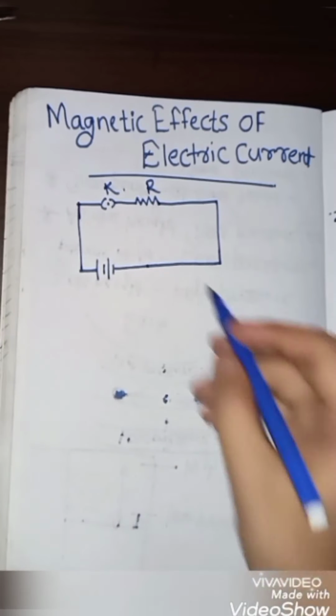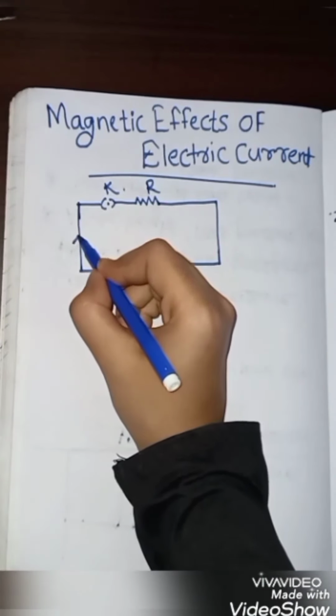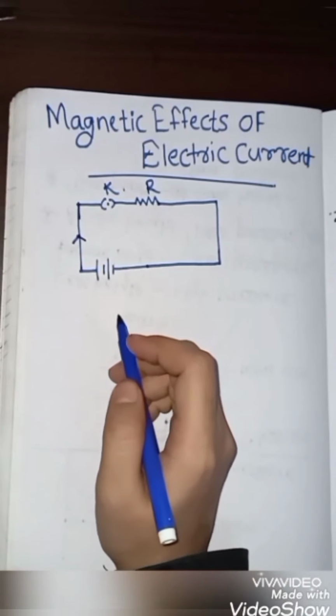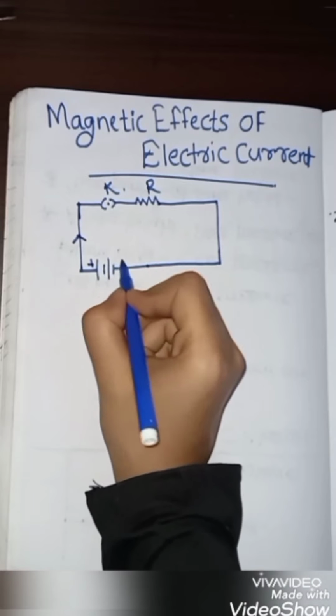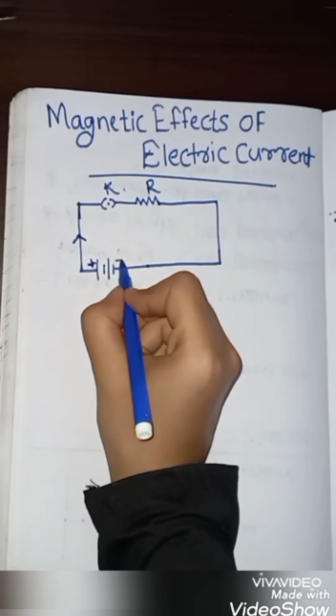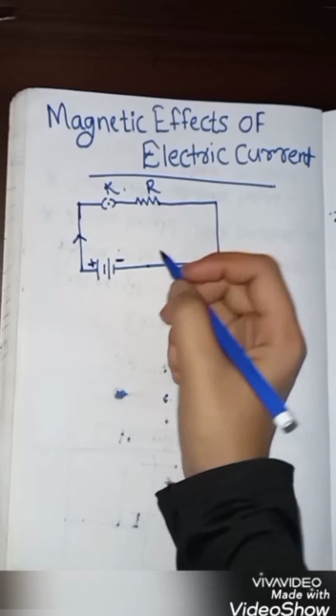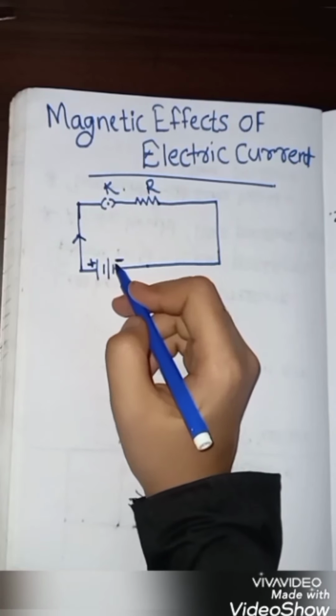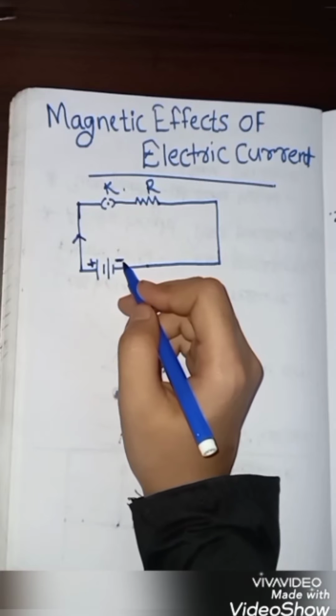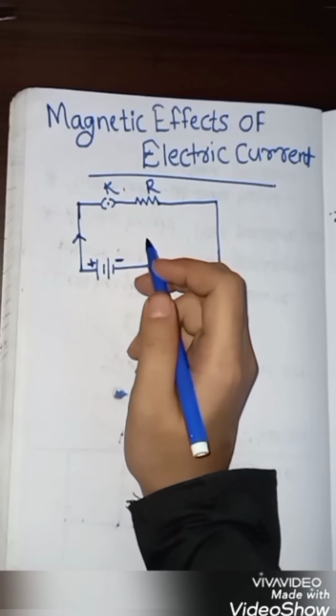Then what will happen? The electric current will flow. Here is the positive end of the battery and here is the negative end, and the electric current will flow from positive to negative. These are all things we discussed in the previous chapter.